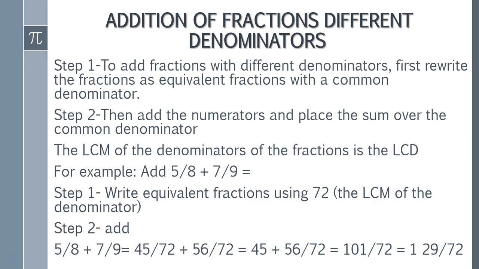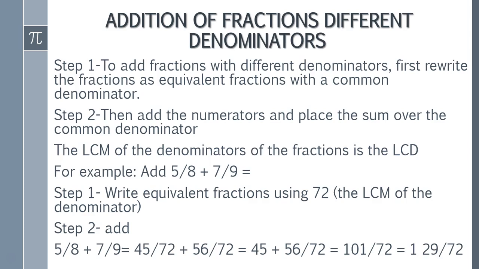For example, if we have two fractions such as 5/8 and 7/9, first, we will need to write equivalent fractions using 72, which is the LCM of the denominators. Then on step 2, as you can see, we already have two fractions with the denominator 72. Now is the time in which we can add. This goes back to our first example on the prior slide, in which the denominators were the same.